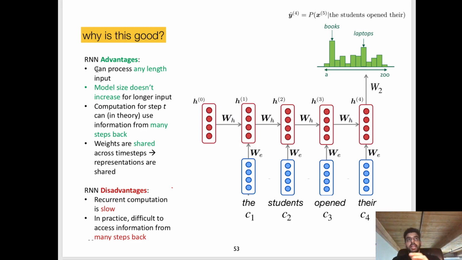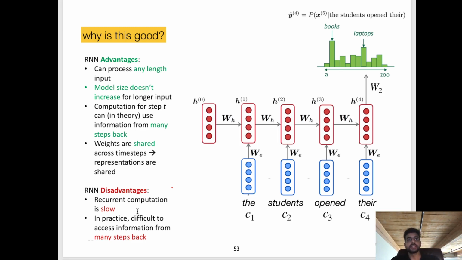So we don't have to make any preconceived choices as to what the length of the prefix that we can handle is. Our model size does not depend on the length of the prefix, right? Because we're sharing parameters across the different words of the prefix. Right, so these are the main advantages compared to the fixed window language model we looked at before.